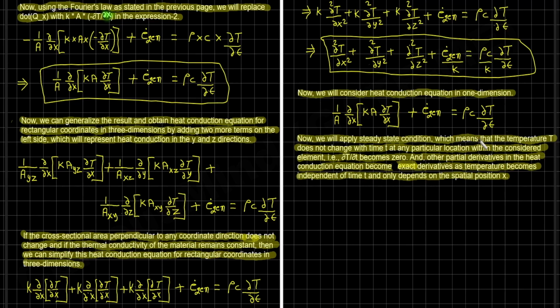So we will set this term to 0, which will make this whole term 0. And by doing so, this partial derivative and this partial derivative will become exact derivatives.